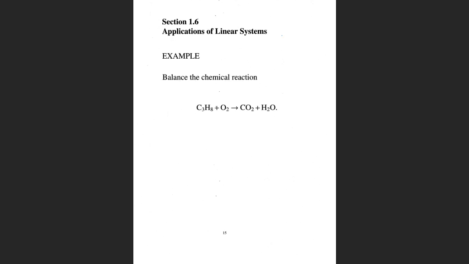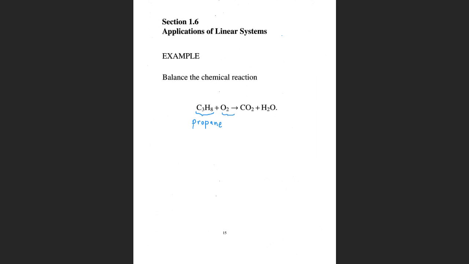The C atom is carbon. Good, that's right, Jonathan. H is hydrogen, right? O is oxygen. Good. Okay, so that's right, Mikhail. So C3H8, you know what that is? That's propane.